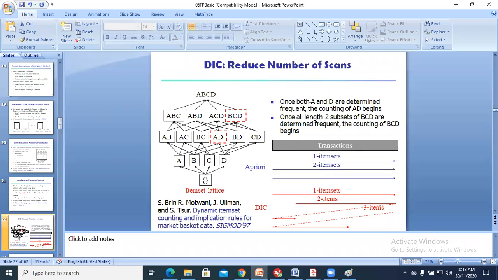For example, we find A and D are frequent, so we count AD as well, right?